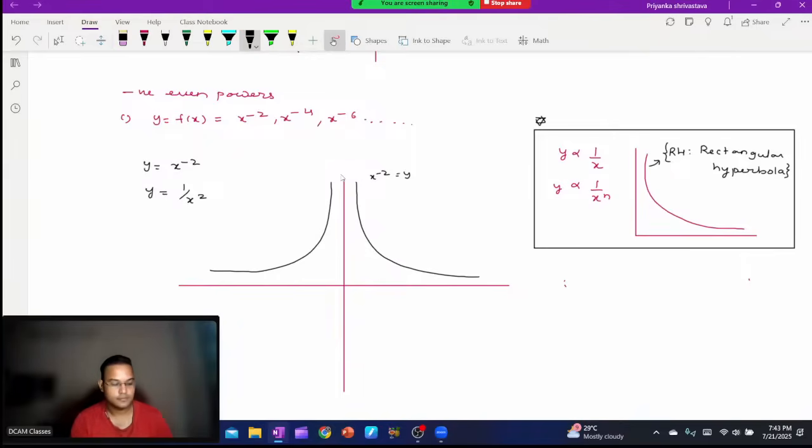I think it will go near to the x-axis. Correct. That would mean it keeps coming closer. Correct. This is x power minus 4.